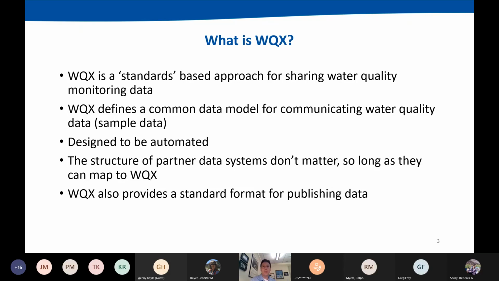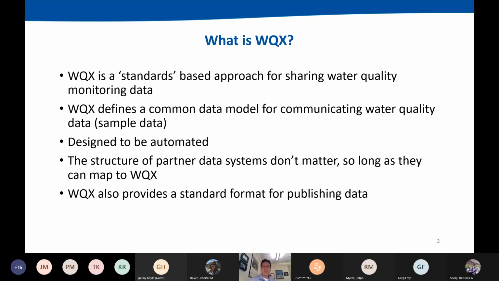So not so much about what are the core pieces of information that you need to store your data locally, but really rather what does somebody need to be able to understand how to use your data. It is designed to be automated. So the whole system is designed so that you can have your own system, and then your system can publish that data to us in an automated way.